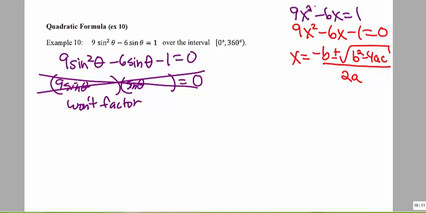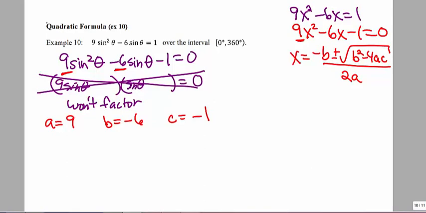Now in this analogy, x represents sine theta. So if we were to actually use the quadratic formula here, the a is, of course, whatever's in front of x squared, or whatever's in front of sine squared, that would be 9. The b would be whatever's in front of the linear term, which would be minus 6, and the c always represents the constant, which would be minus 1.